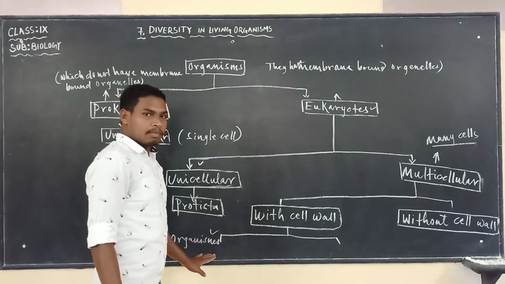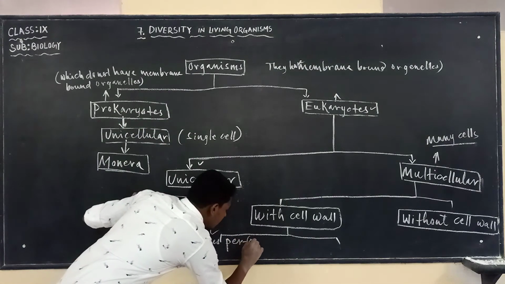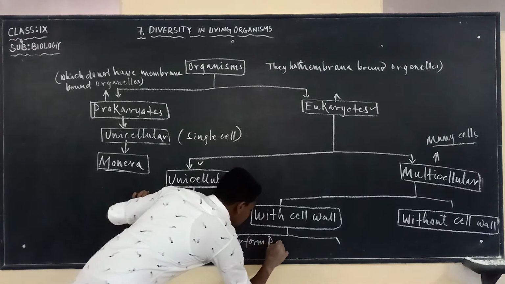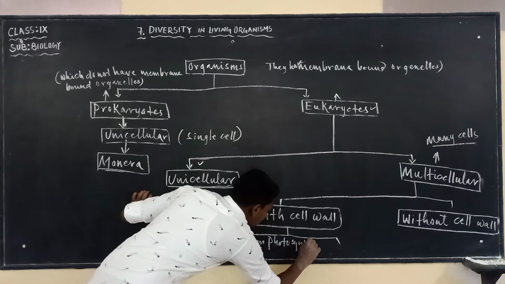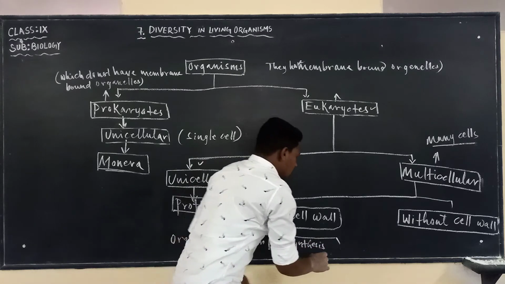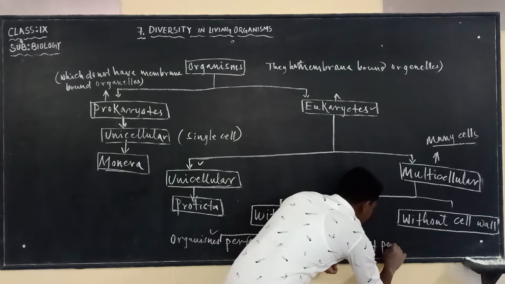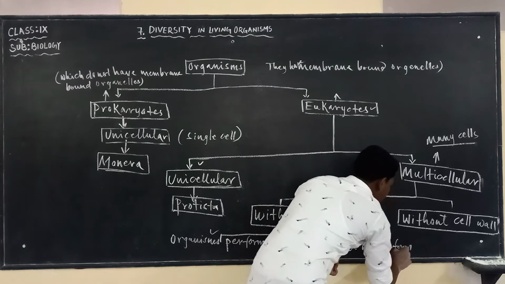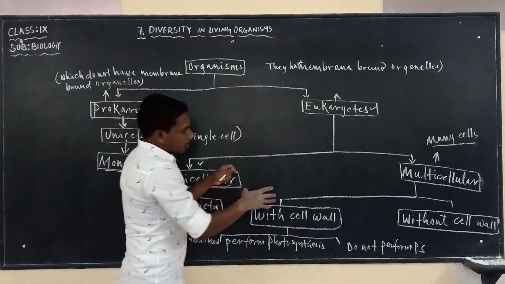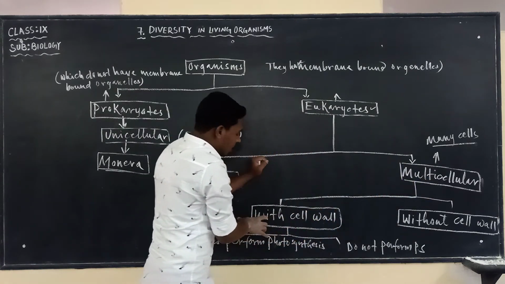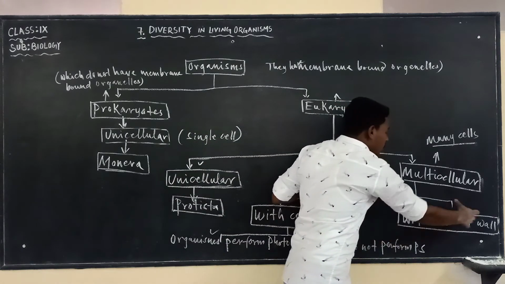So organisms that perform photosynthesis, and organisms that do not perform photosynthesis. Okay, so the multicellular organism was divided into organisms with cell wall and without cell wall.